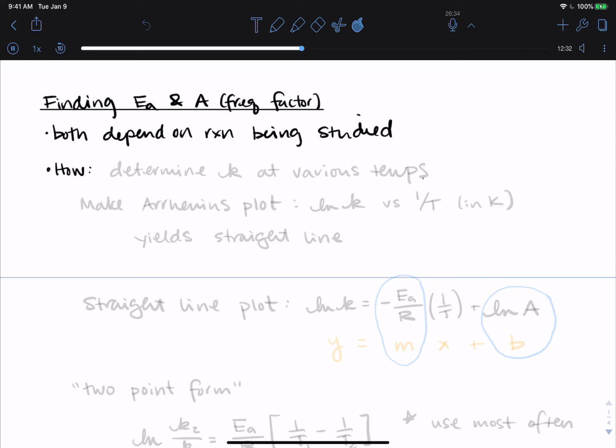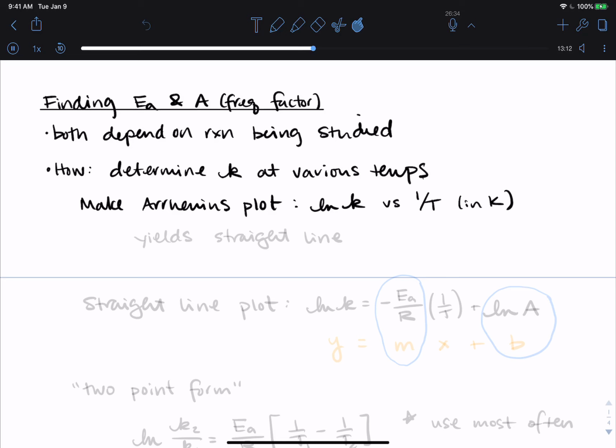Now we need the rate constant at multiple temperatures. So you would go through all of that again, but at various temperatures, and then you would make something called an Arrhenius plot, which is the natural log of the rate constant versus 1 over the temperature. Make sure your temperature is in Kelvin.